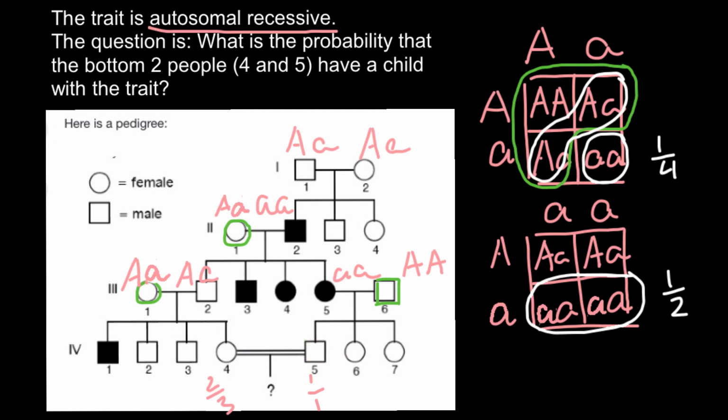So now we can calculate the probability for them to have an affected child. So for female number 4, her probability to be a carrier is 2 out of 3, and the other parent has a probability of 1 out of 1.